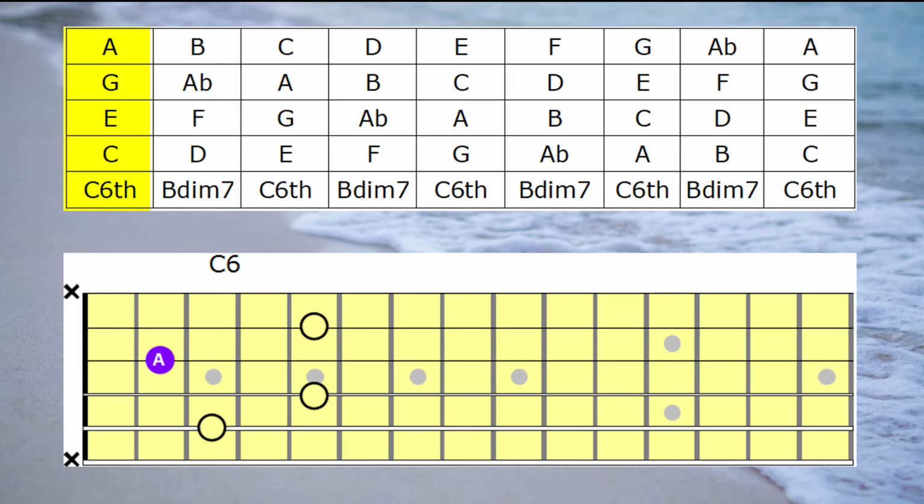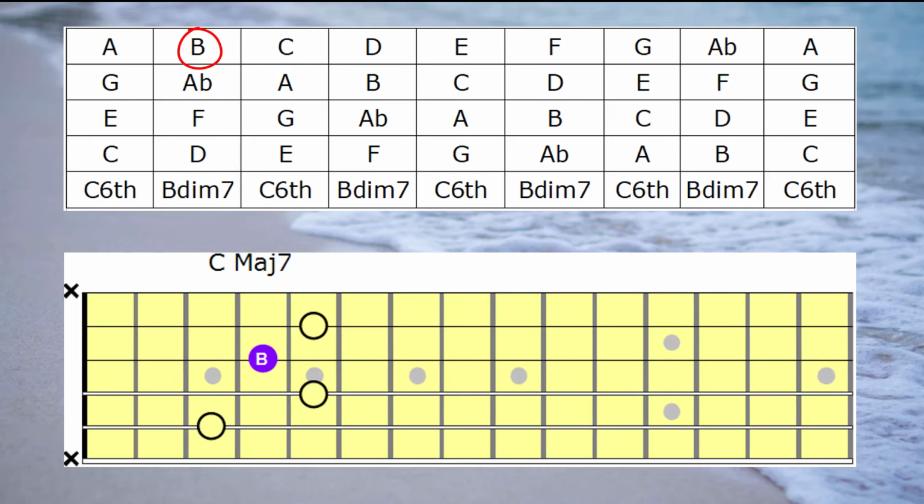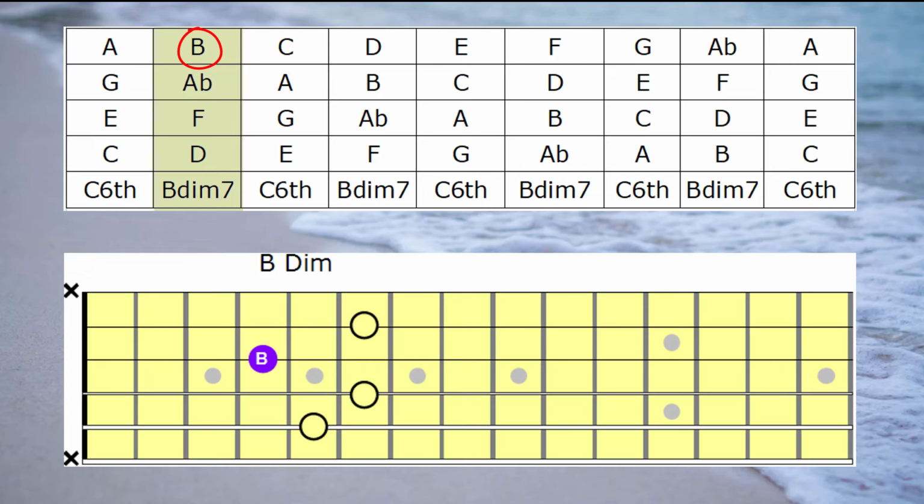The clear dots represent the notes that are going to remain the same. The purple dot, in this case the note A, is going to move to the next scale note in the C major 6th diminished scale, which would be the note B. It's also a borrowed note from the next chord, which would be a B diminished chord.